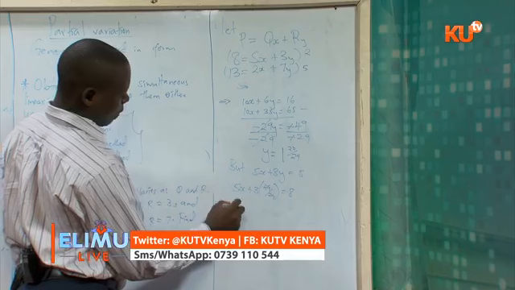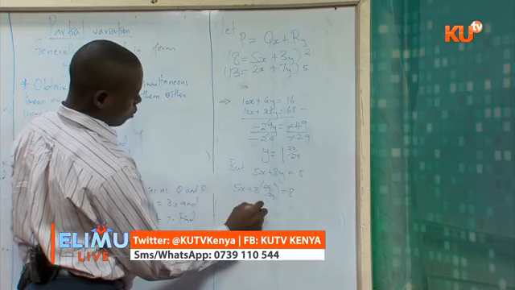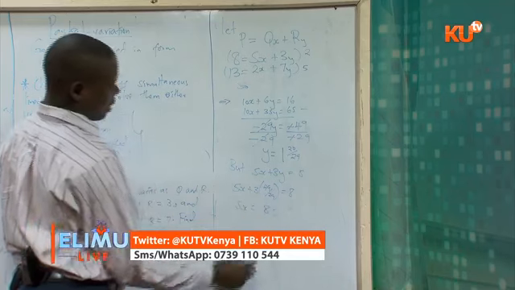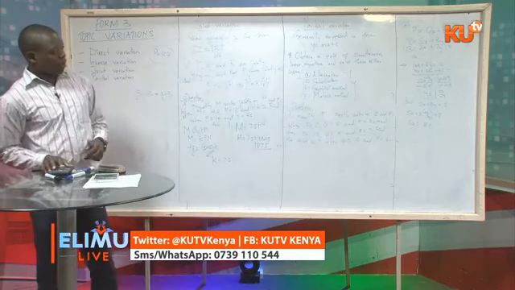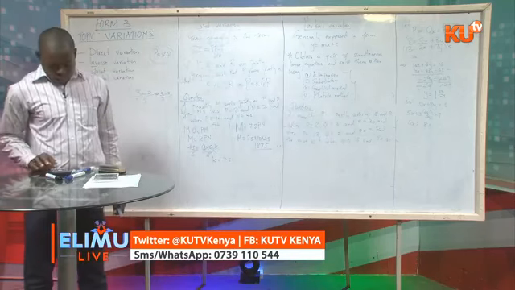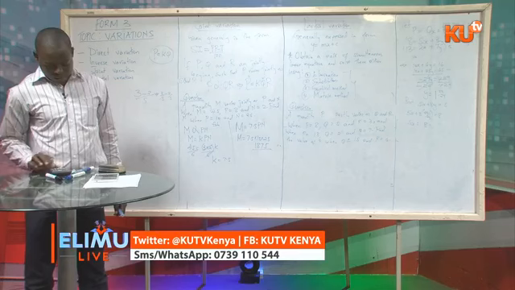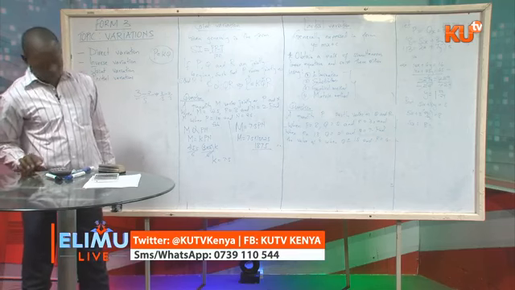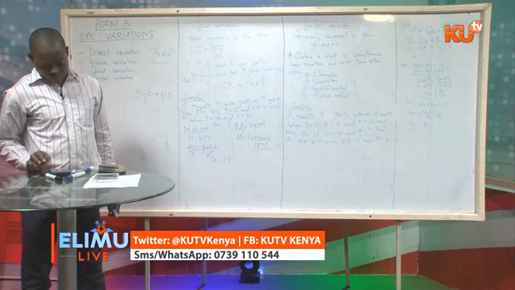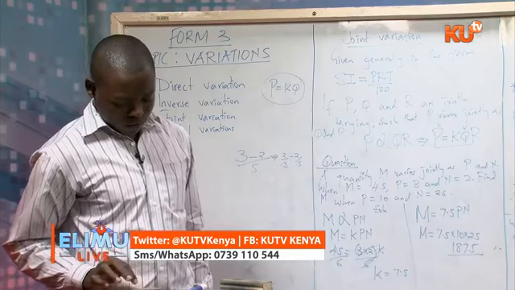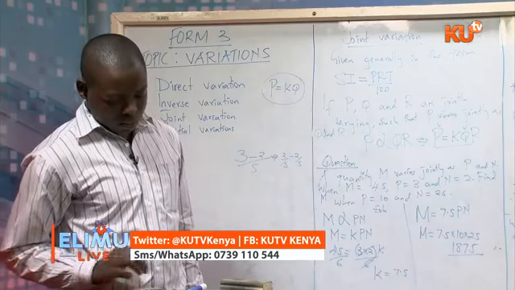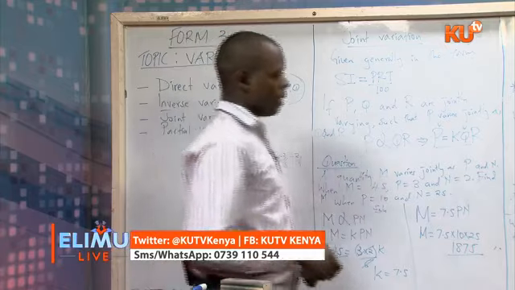So we'll have 5X equals 8 minus 3 times 49, that is 147, divided by 29, which is 5.05. When you subtract, you get 2.93.